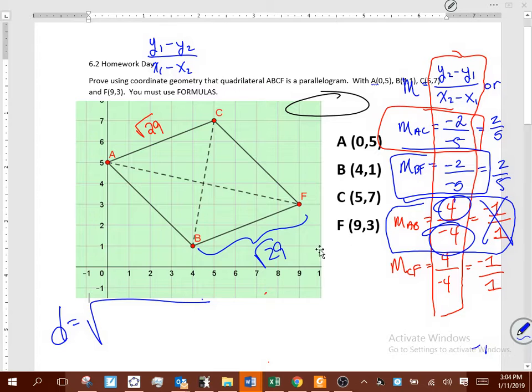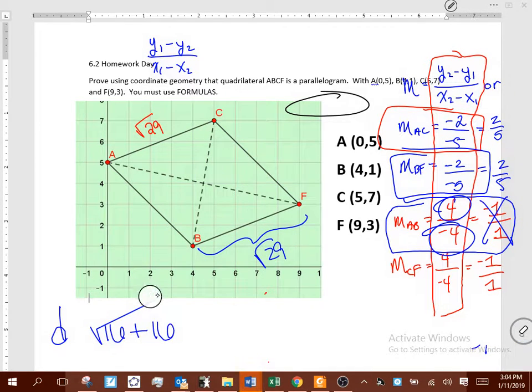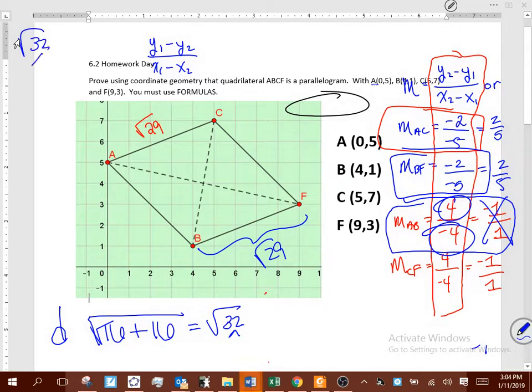Okay. So what's 4 squared? 16. What's -4 squared? 16, right? Okay, so radical 32. Can I take 32 and break it down? Because there's perfect squares in there, right? So I can go 2 and 16, 2 and 8, 2 and 4, 2 and 2.